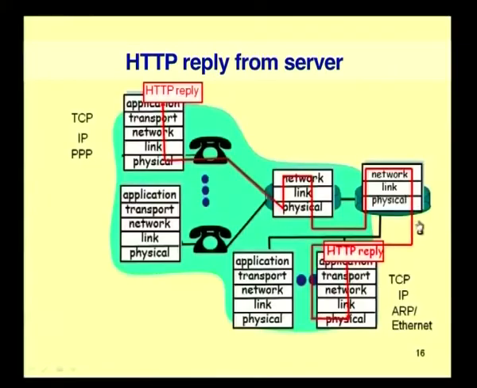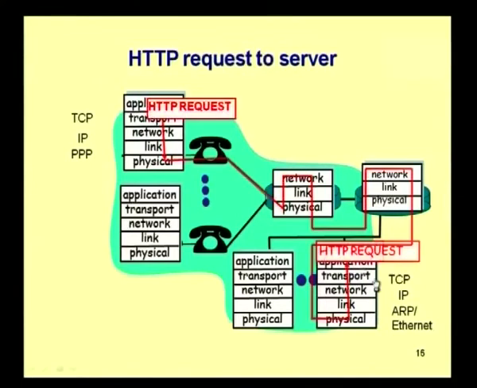So, if you take for instance the picture that we have here, let me just go back one step. Here this router is sending information to this node. You can see that the data came from this network layer to this link layer, and the link layer had to know the link layer address before it could send it to the correct machine.